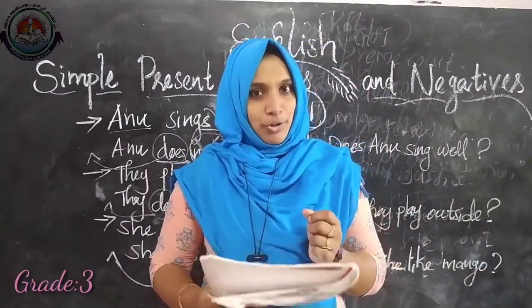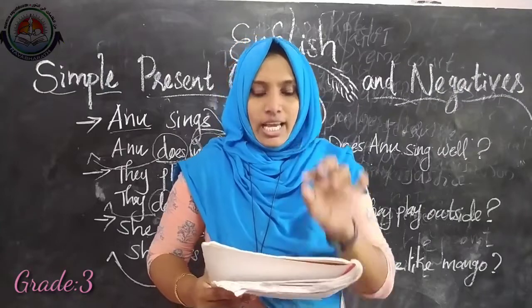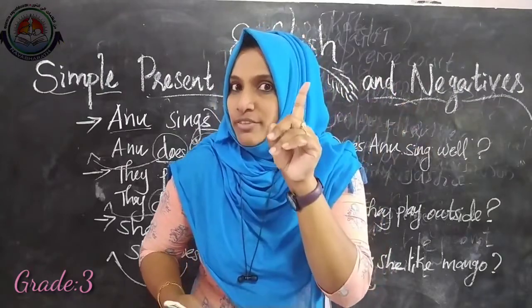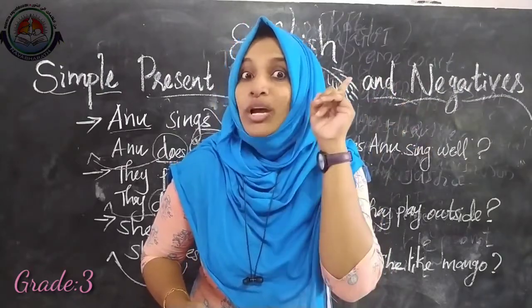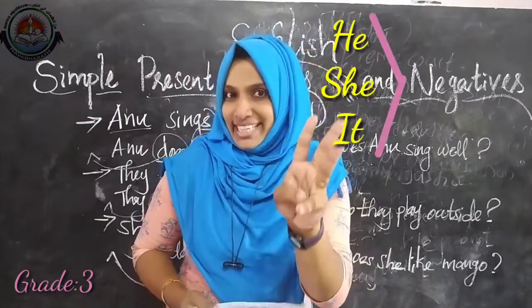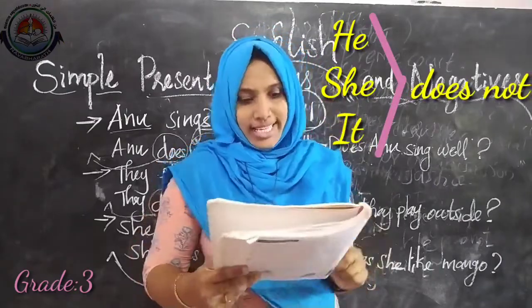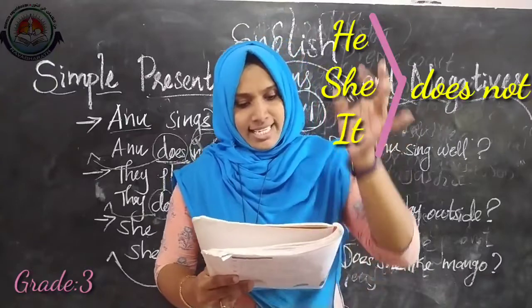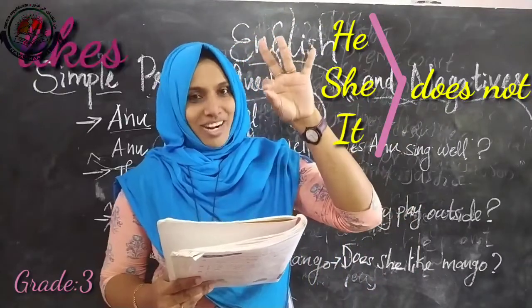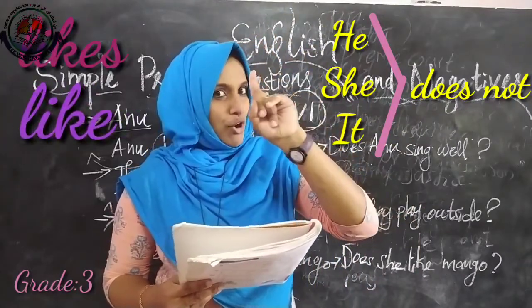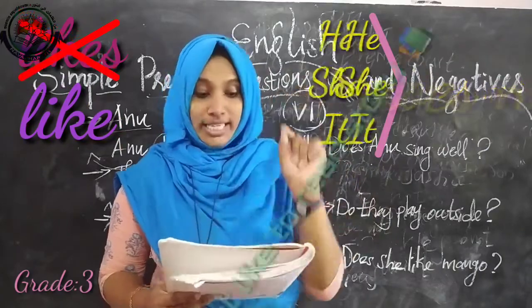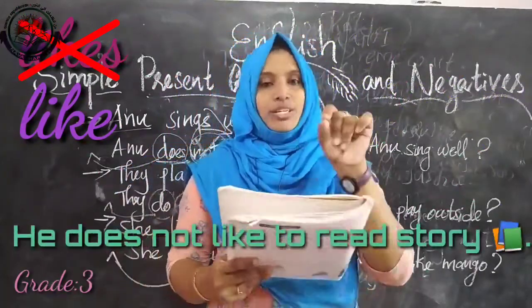How to make the negative sentence? He doesn't, because we use this only for he, she and it, which is only one in number. So, he doesn't likes or like? Yes, negative always uses V1. So, he doesn't like to read storybooks.